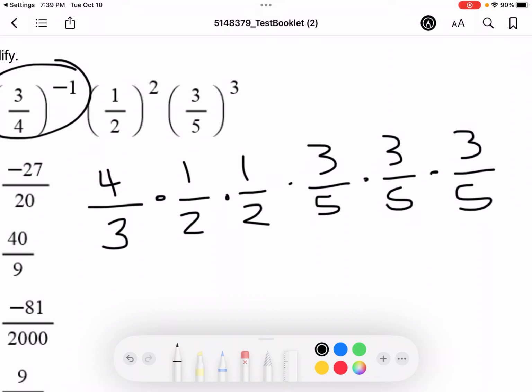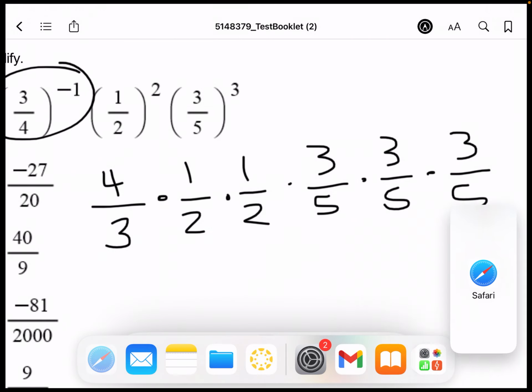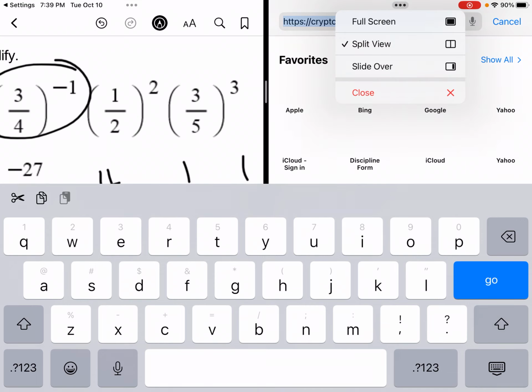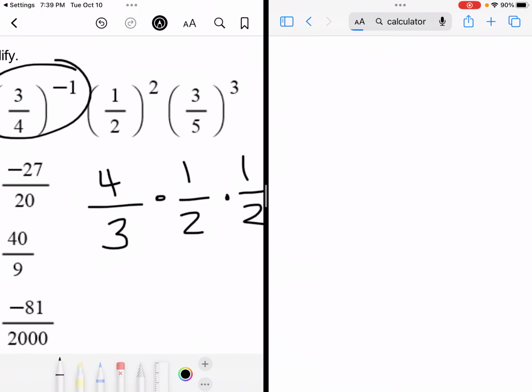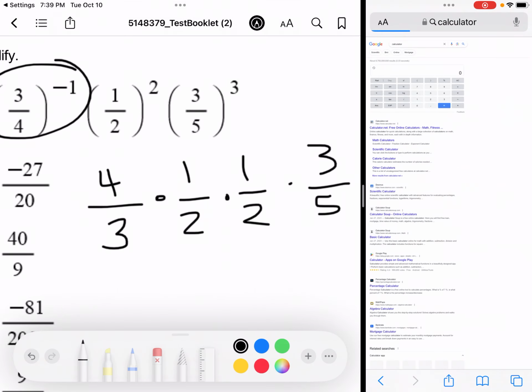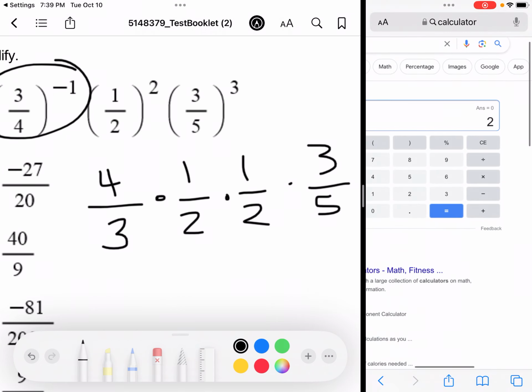All right, so 3 times 3 times 3 is 27. And then 27 times 4 is 108.